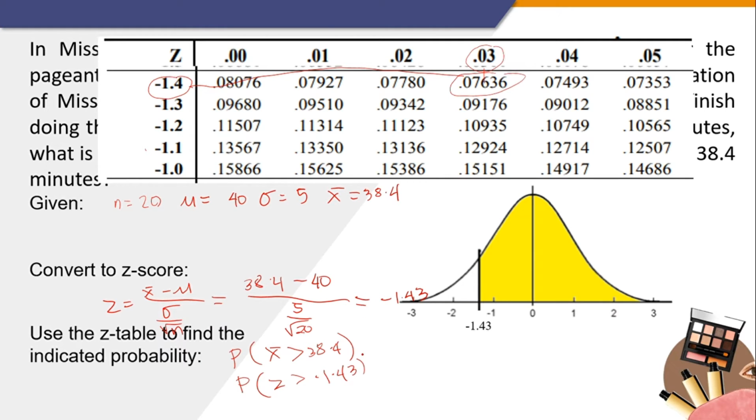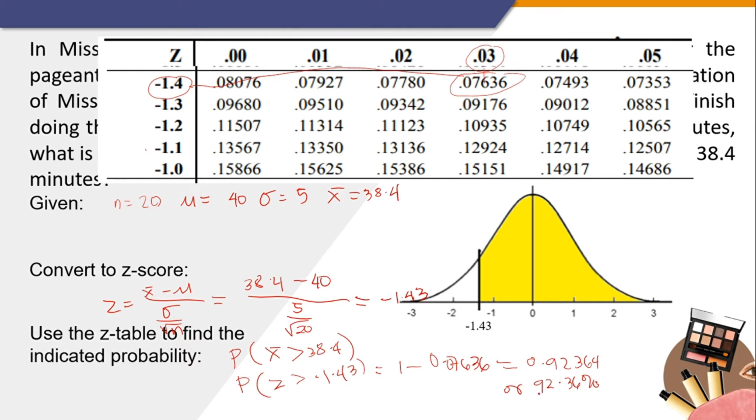0.07636. So, since sabi niya is greater than, kailangan natin i-subtract yon sa 1. So, 1 minus yung 0.07636. And this will be equal to 0.92364 or 92.36%.